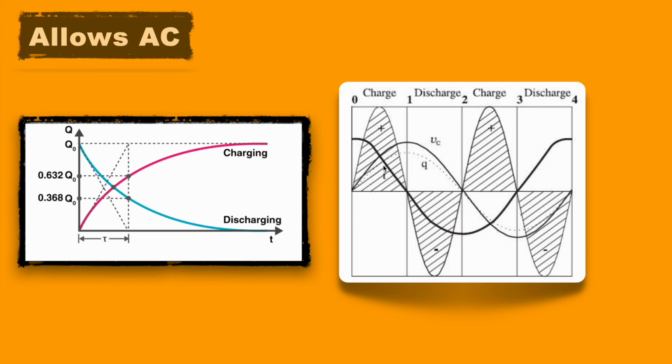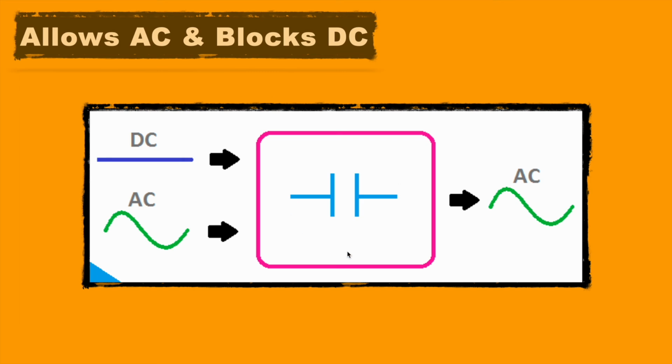In the positive time frame, the capacitor charges, and for the negative polarity, it releases the charge from its plates, or we can say it discharges in this time frame. This is how the capacitor allows the AC signal. So now we can say a capacitor only allows the AC signal.